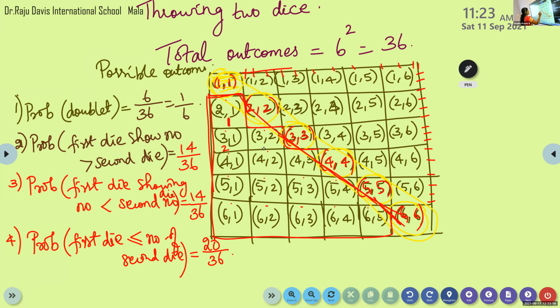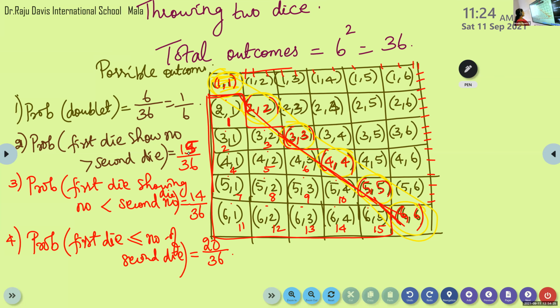You check it. 3, 4, 5, 6, 7, 8, 9, 10, 11, 12, 13, 14. Yes, I think here we missed this 4, 3, which is 15. Yes, correct. Very good, Aditya. Just 15.